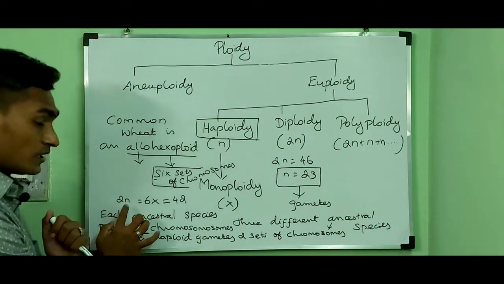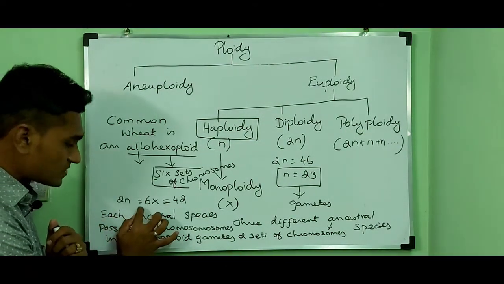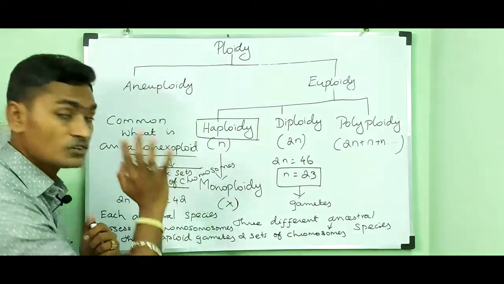So here I have written 2n is equal to 6x is equal to 42.